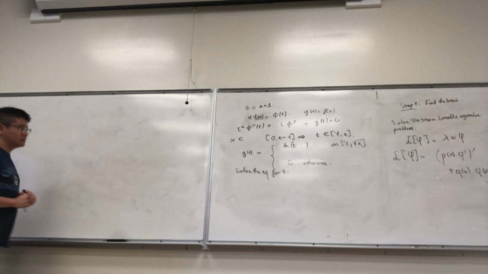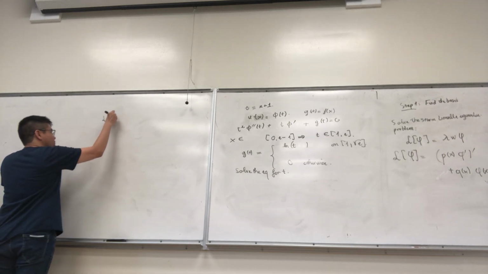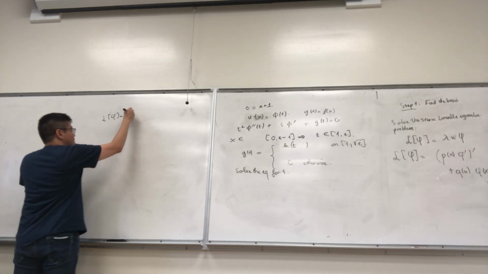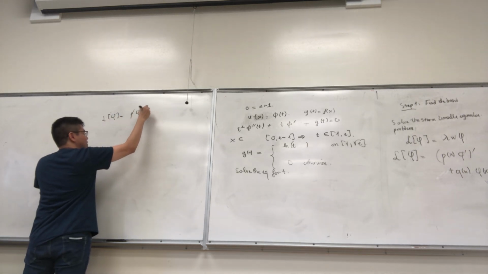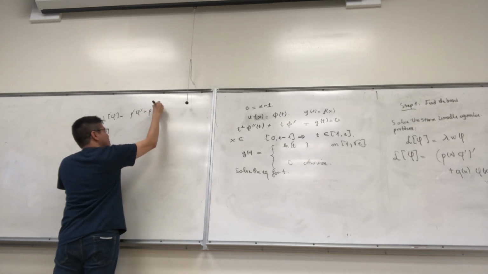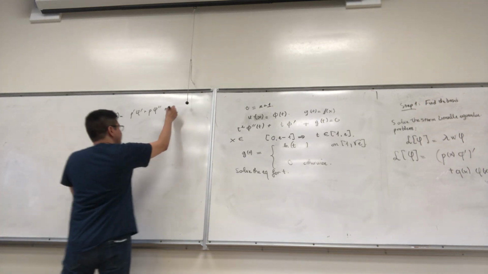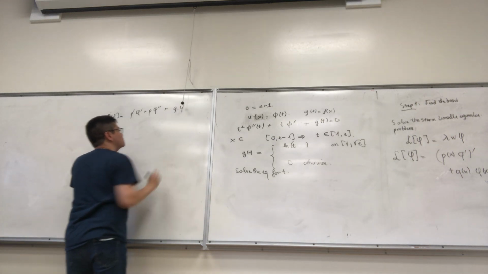It's clear? Right. So now you're going to have L phi is going to be p prime plus p second plus q times phi, right?